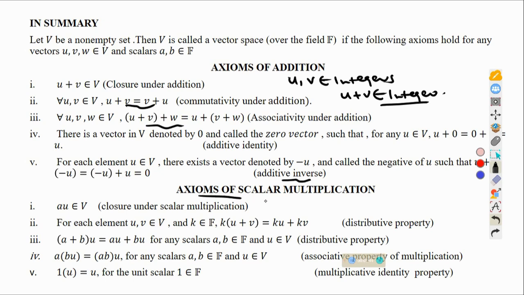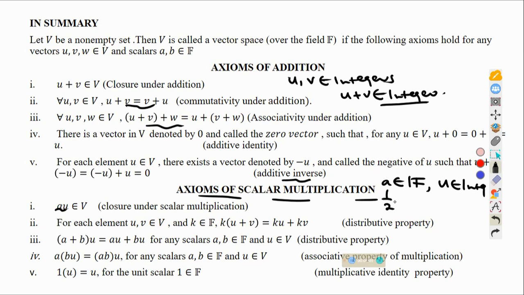But when we talk about the axioms of scalar multiplication, when you get a from any given field F, and you multiply it with a number, for example u, which is picked from the set of integers, can it really give you an integer? We shall look at an example. a can be any real number.